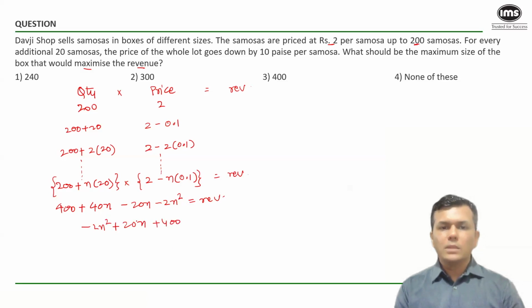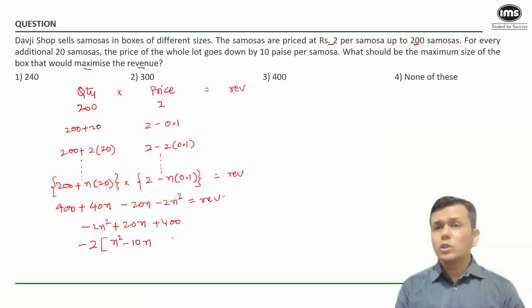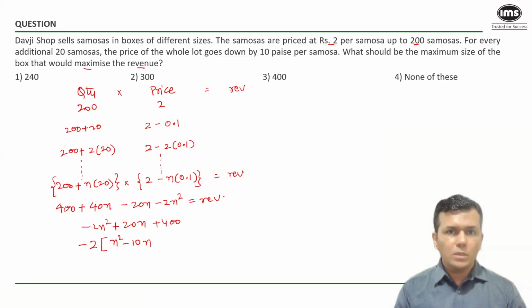Now, how do you maximize this thing, right? So let's try to convert it into the form of a perfect square. I'm taking minus 2 common. So then this is going to be n square minus 10n, right? Now, what should be the last term for this to be a perfect square? According to, let's say, a minus b the whole square, a square minus 2ab plus b square.